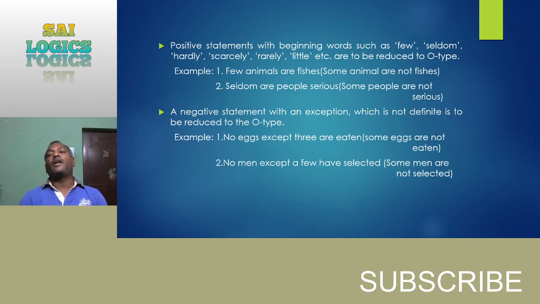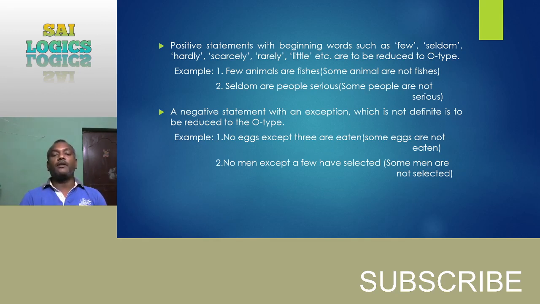Positive statements with words few, seldom, hardly are to be treated as some not. Example, few animals are fishes. Here it is a positive statement, and we have to see whether any of the words mentioned in the condition are used or not. Yes, few has been used. Now it can be reduced to some animals are not fishes.